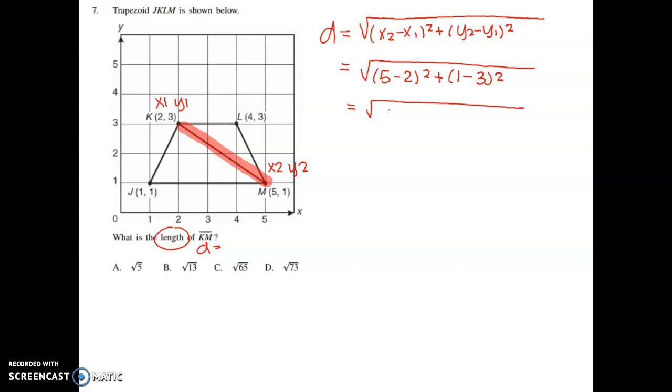We do everything inside the parentheses first. 5 minus 2, that is 3 squared, plus -1 minus 3, that is -2 squared. We're not doing these negatives on the calculator. I've said it a billion times, but you guys refuse to listen. -2 times -2, that's going to be a +4. So our answer is the square root of 13.